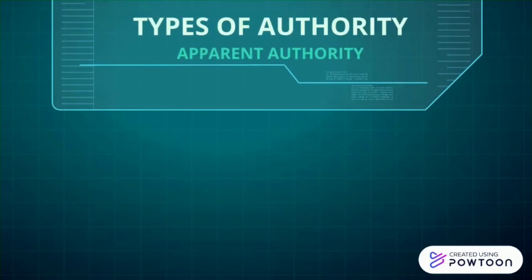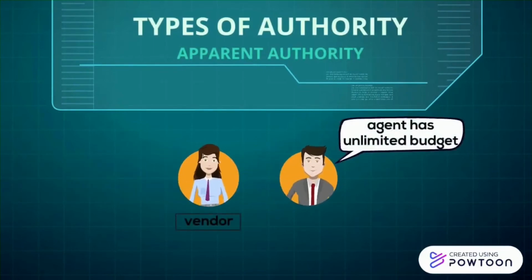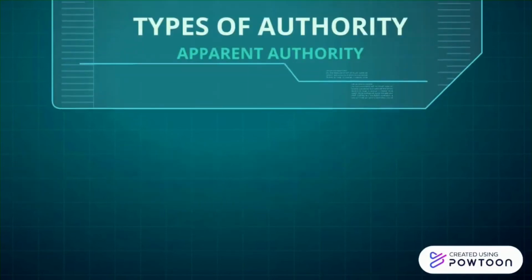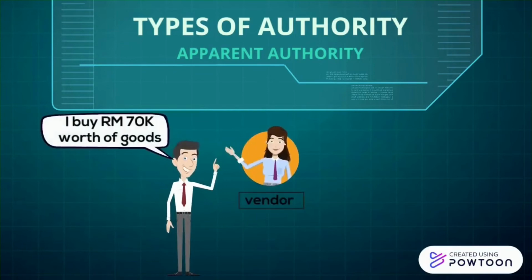However, the principal tells a vendor that the agent has unlimited authority to buy from him. Then the agent buys 70,000 ringgit worth of goods from the vendor. The agent has apparent authority to buy because the vendor reasonably believes so, based on the principal's conduct.